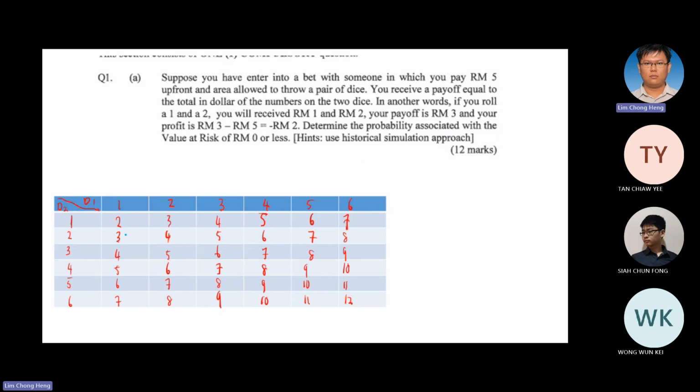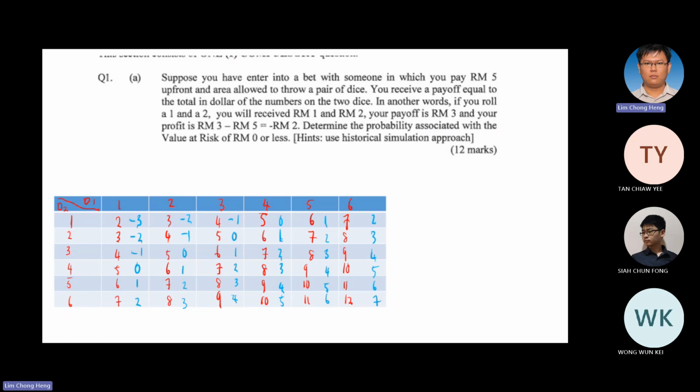You pay me 5 ringgit, I give you 2 ringgit, so you lost 3 ringgit here. Okay, the blue color is the payoff.